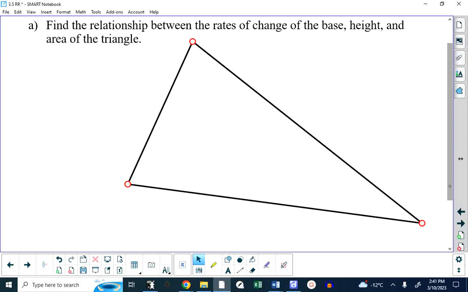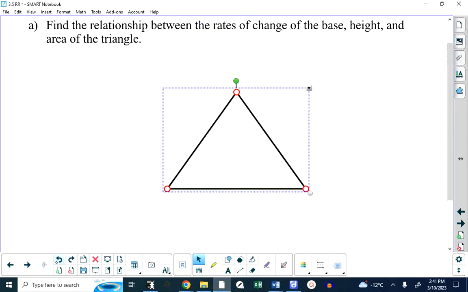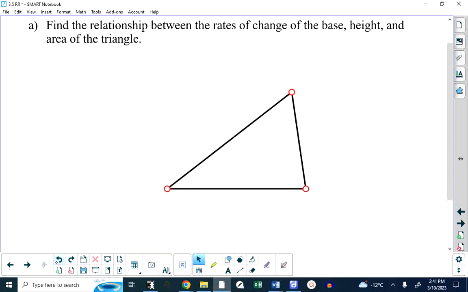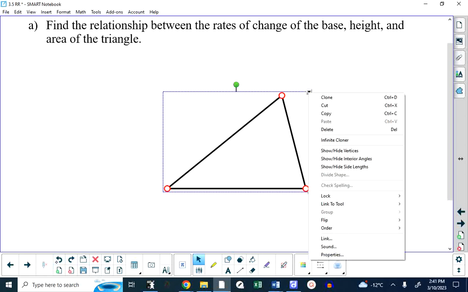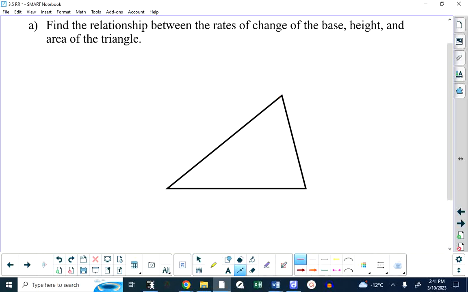Well, I'm going to go back to a triangle that's reasonable in terms of area equals base times height divided by 2. So if this is our triangle, this is the height, this is the base, and the area is the area. You don't even need a picture to do this.